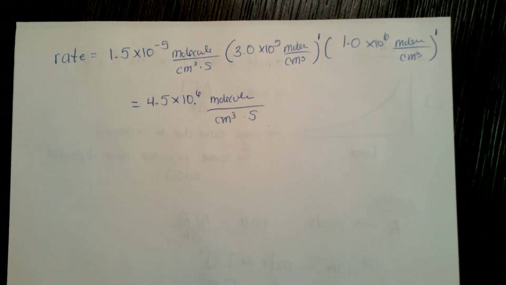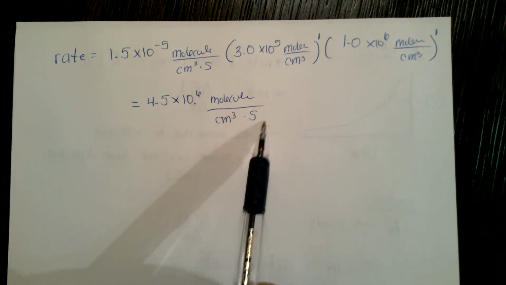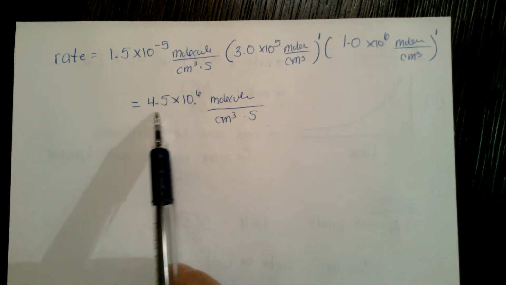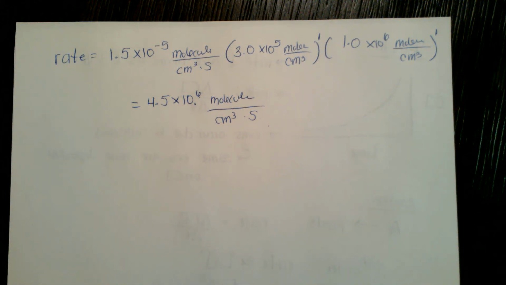If it's a reactant, we look at how the reactants are disappearing over time, and if it's a product, it would be how they are forming or being produced over time.